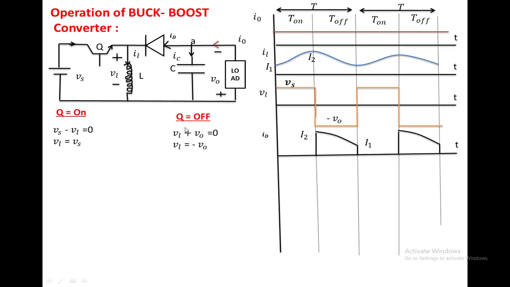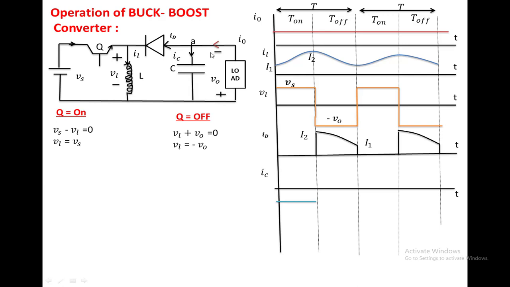Now we are going to draw the capacitor current. When the switch is in the on state, the capacitor discharges, so the capacitor is carrying a current of minus I0. This is minus I0. When the switch is off, apply KCL at this node. This is the entering current, these two are the leaving currents.